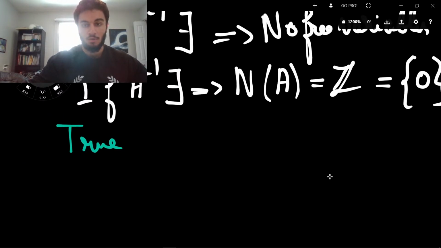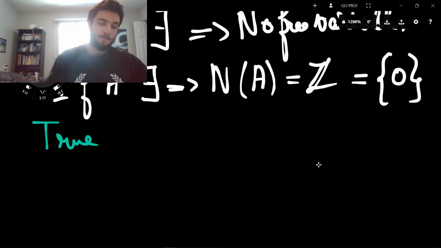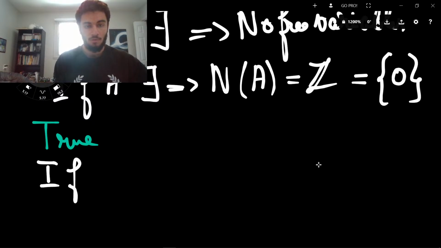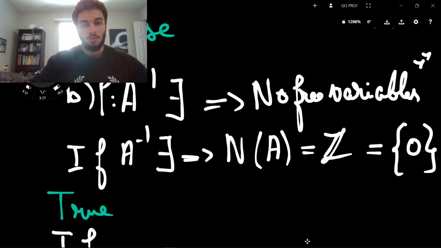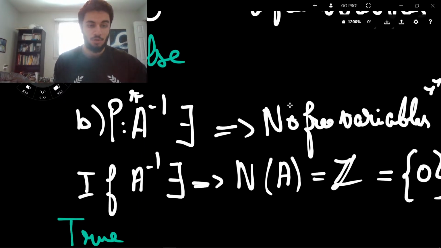So let's say, I'm going to call it P2 because it's another proposition.